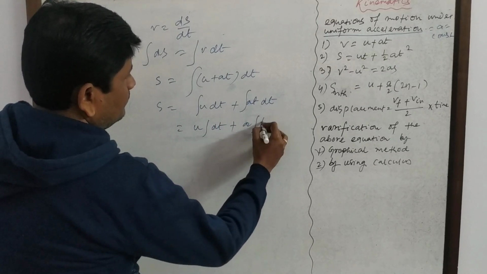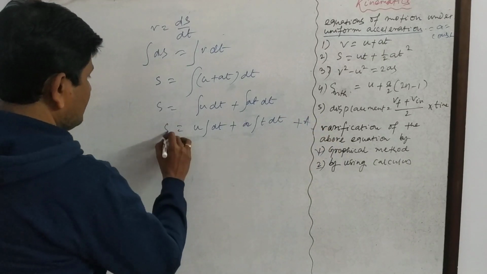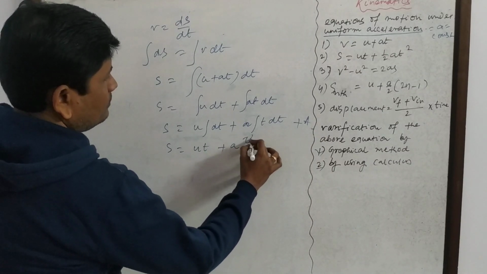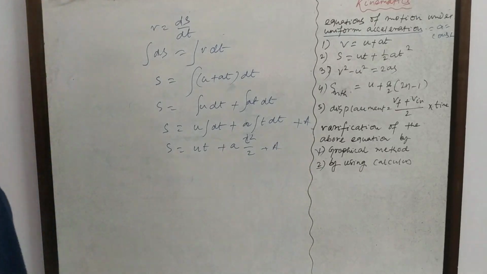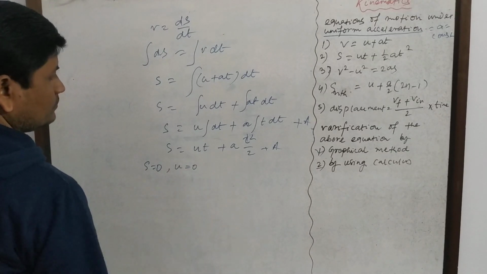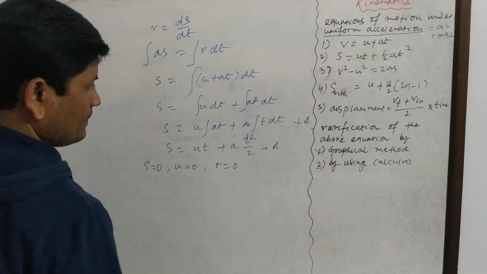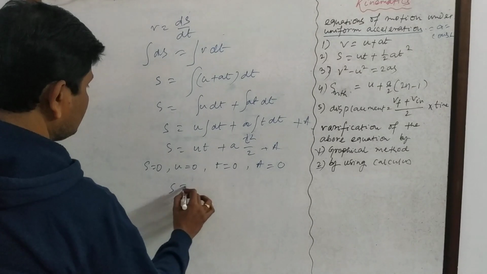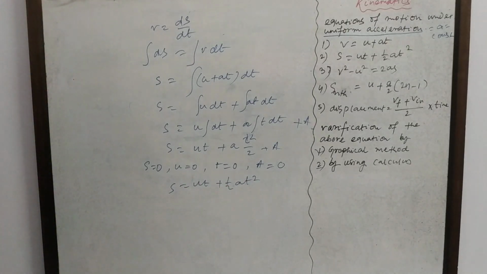Integral of AT dt plus some integration constant, s is equal to Ut plus A t square by 2 plus C. Okay, at initial position s is equal to 0, t is equal to 0, then C is also 0, so s is equal to Ut plus half A t square. This is proved.